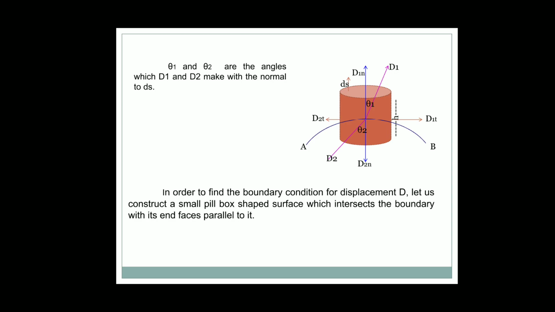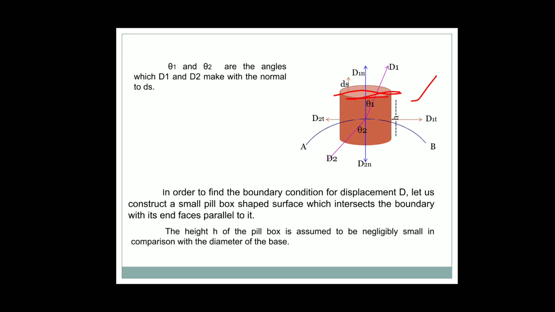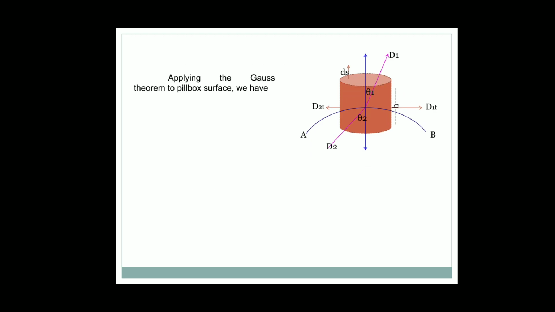Let us construct a pillbox shaped surface which intersects the boundary with its end faces parallel to it, to prove the first boundary condition. Let us assume the height h of the pillbox is very small in comparison with the area of cross section of the pillbox.